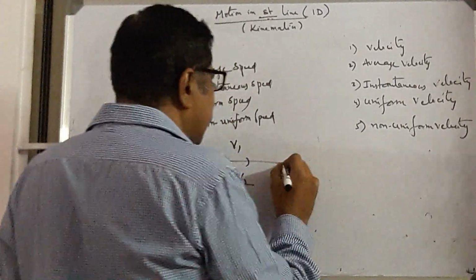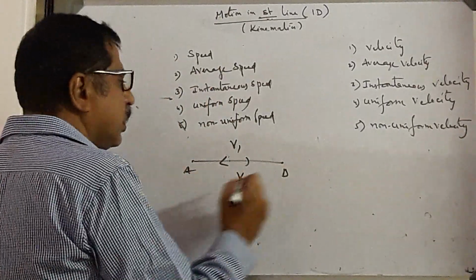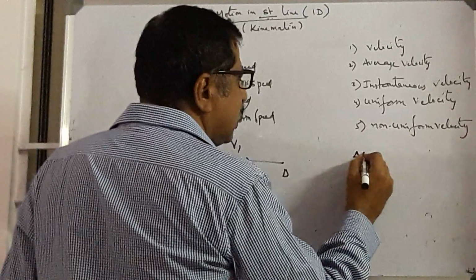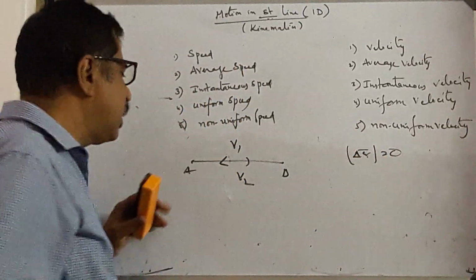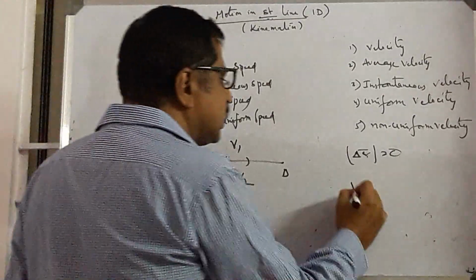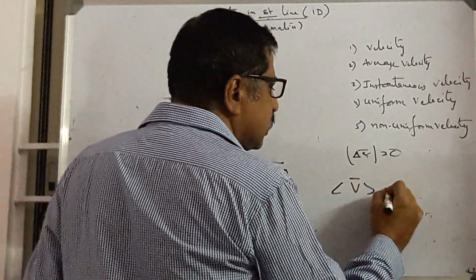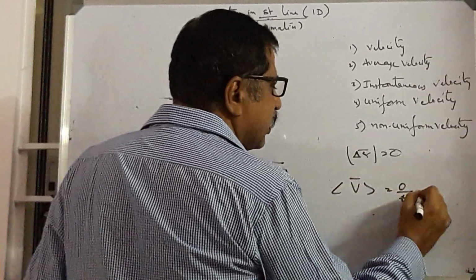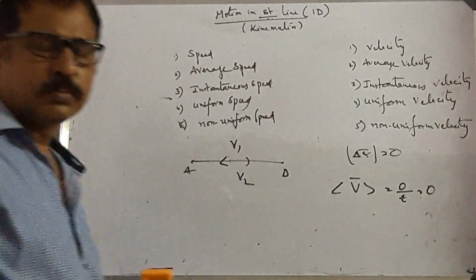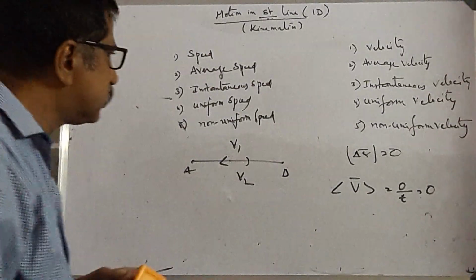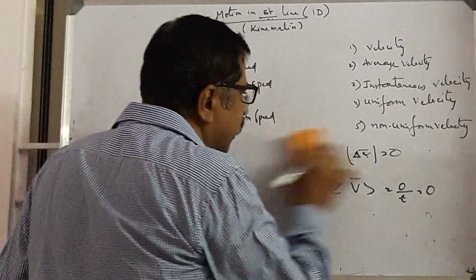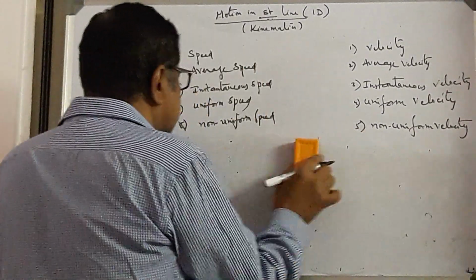Here the net displacement is 0, because the initial and final position of the body is A. That is why the average velocity is equal to 0 by time. That means 0.